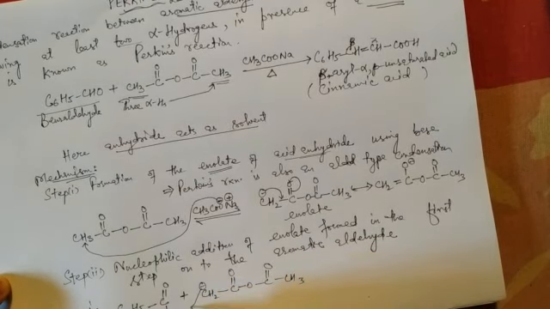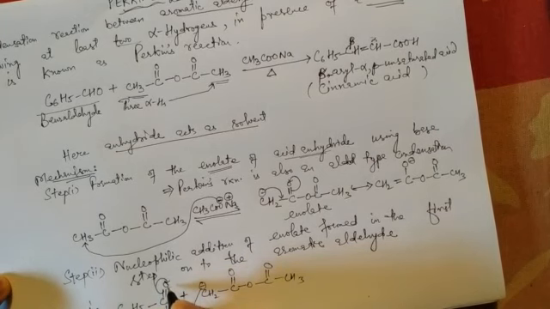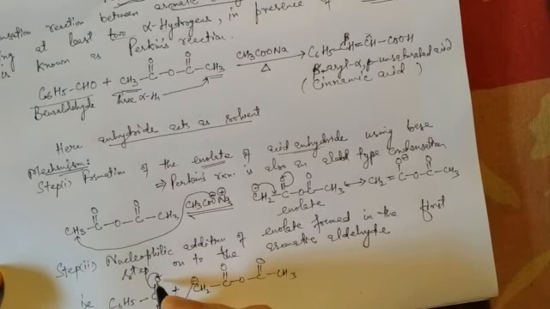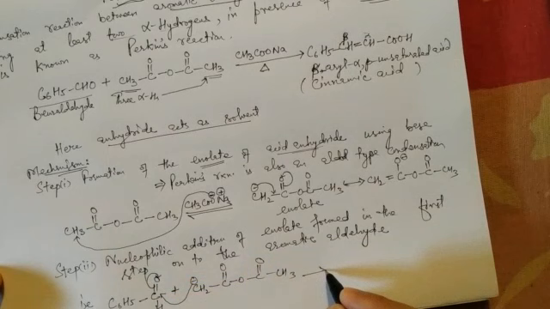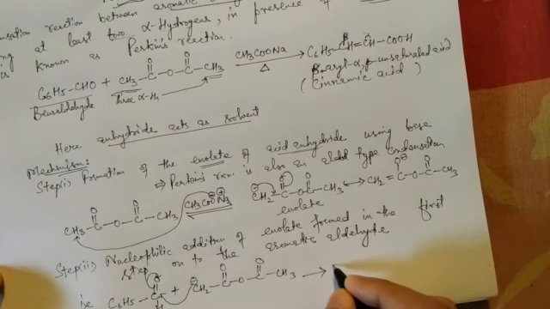So attack over here, and this electron pair shifts onto the more electronegative oxygen, and in this way the valency of carbon is also restored, and we are getting alkoxide of this form.